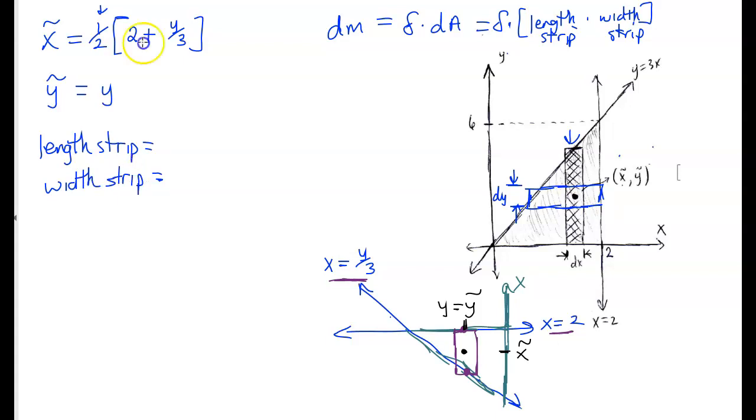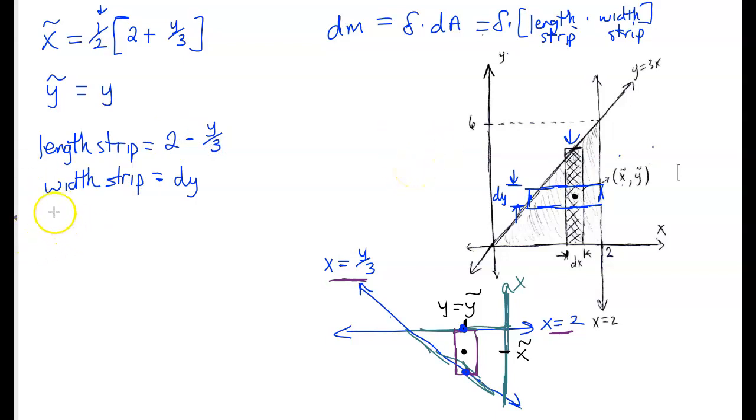All right, so we know that the width of the strip here is going to be this dy. And we know that the length of the strip here is just going to be the difference in between these two functions here. So it's going to be 2 minus y divided by 3.